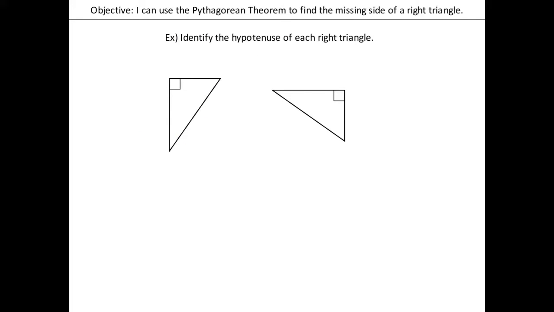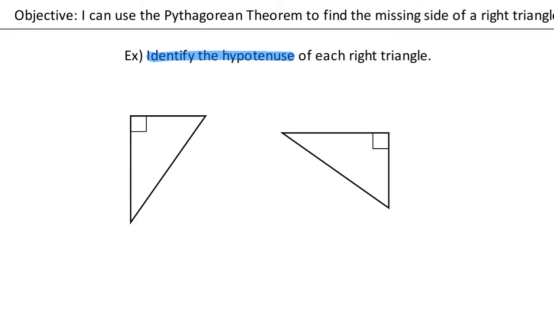All right, so we're going to practice identifying the hypotenuse. To identify the hypotenuse, the easiest thing you can do really is to first find the right angle, because right across from it is going to be the hypotenuse, right?